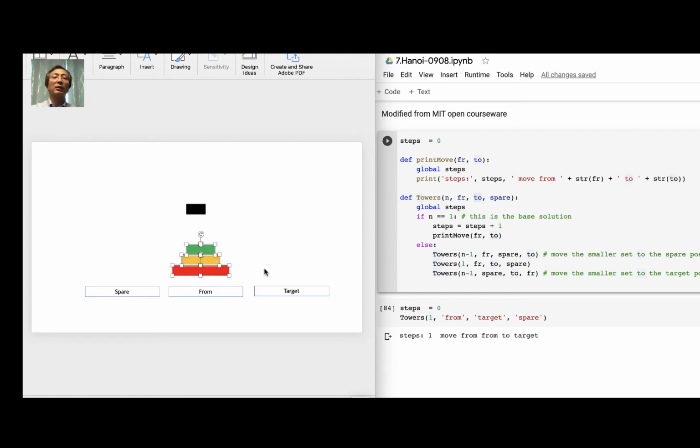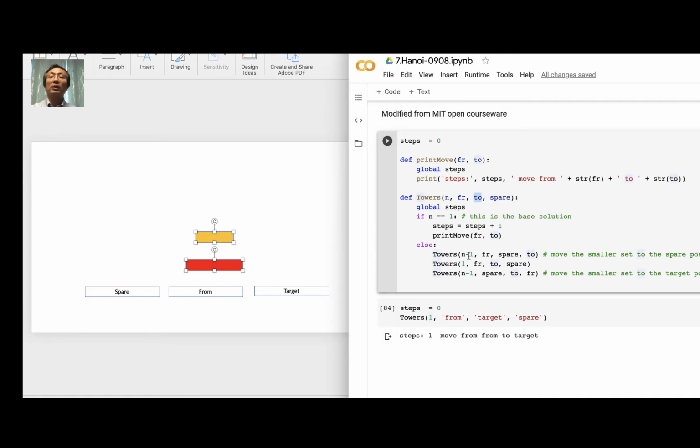It's a 3-disk problem. We know how to solve the 2-disk problem. When solving the 2-disk problem, we move the smaller problem to a spare and the largest one to the target. So this is just a 3-step process.